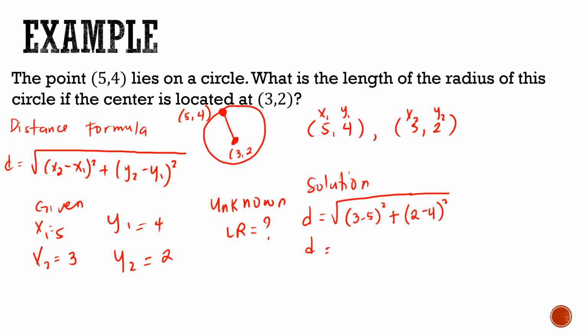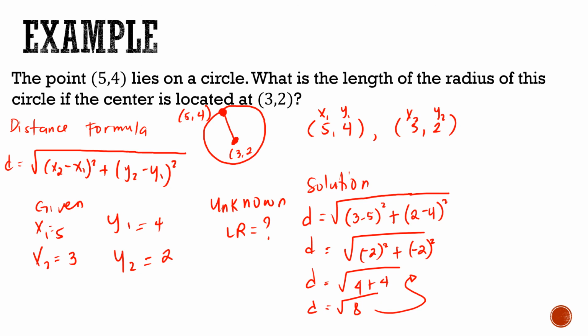So 3 minus 5 is negative 2, so that will become negative 2 squared, plus 2 minus 4 is negative 2 also, and let's square it. Now simplify. Negative 2 squared is equal to 4, plus negative 2 squared is again 4. So let's add the given, so that d is equal to the square root of 8. Now simplify the square root of 8. So our d is equal to 2 square root of 2.